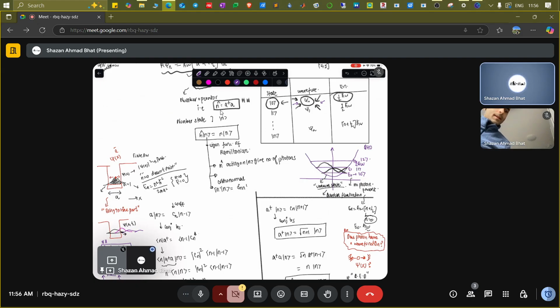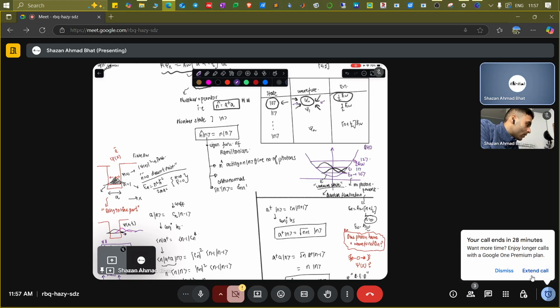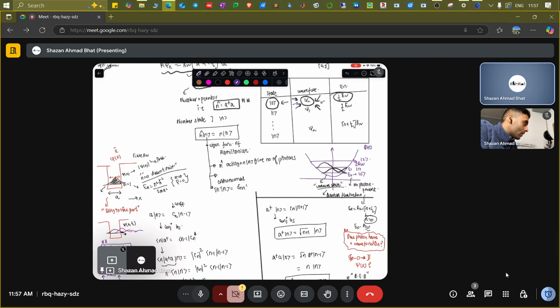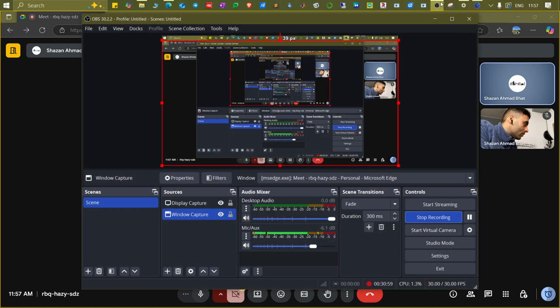Okay, so let's try to. What is this timer? Oh, there's a timer on Google Meet now. It's going to end in 28 minutes. Oh, that's not good.